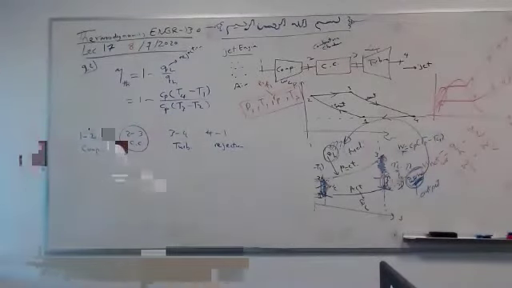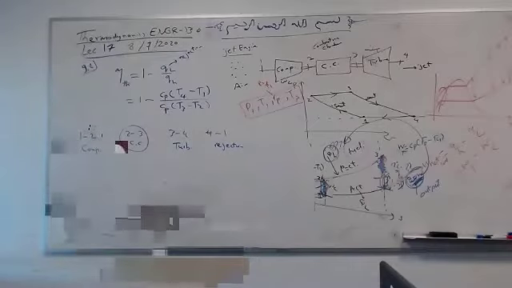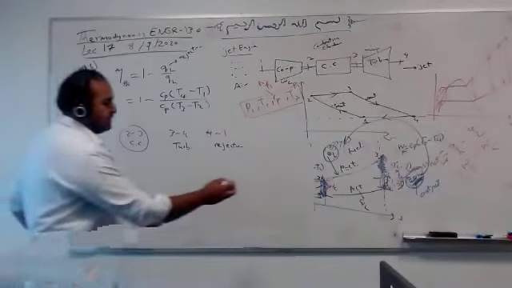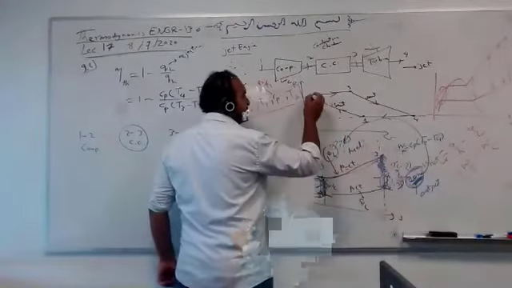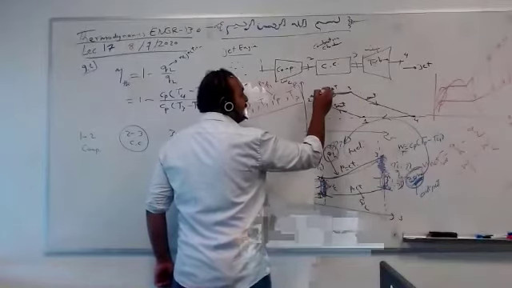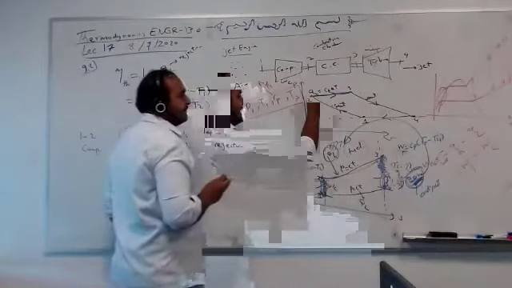Everything is open: Q minus W equals delta H. Does that mean both values are CP? Of course. That's constant pressure heat addition. Even if this is like this, CP delta T gives you how much heat you paid.